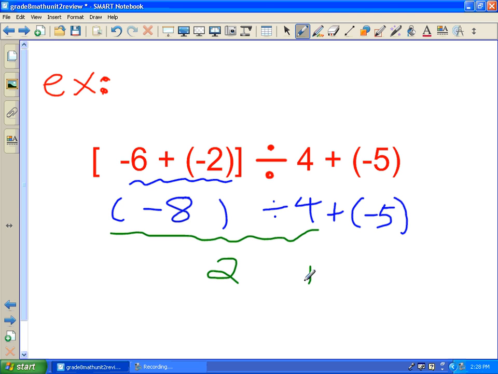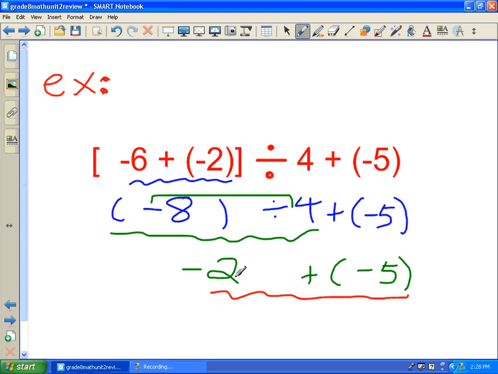Don't forget to bring down what you left off over here. And that was negative 5. Now the question is, a negative divided by a positive will give you a negative. Put that together now. Negative 2 plus negative 5, and our answer will be negative 7.